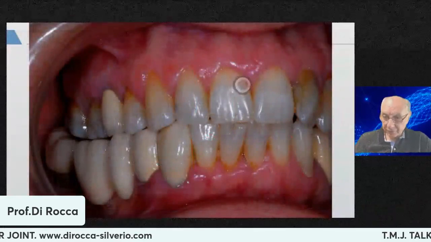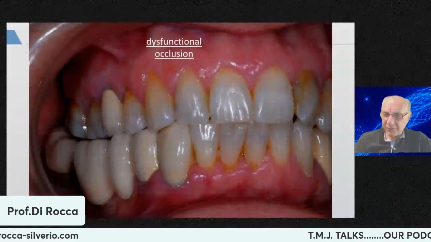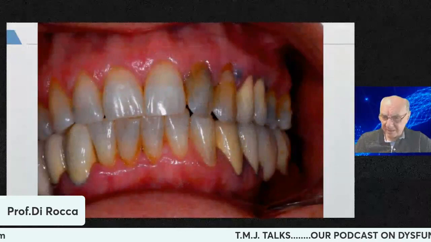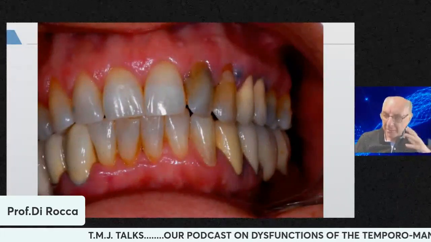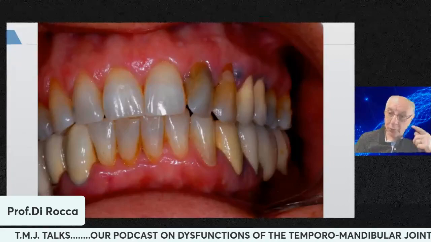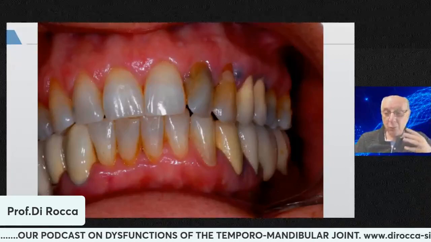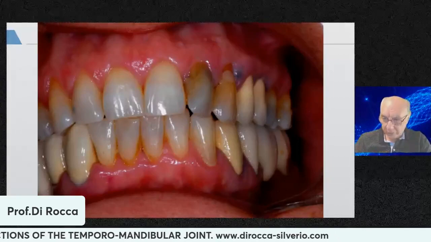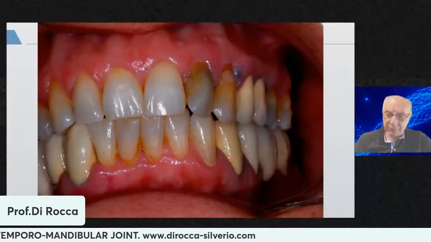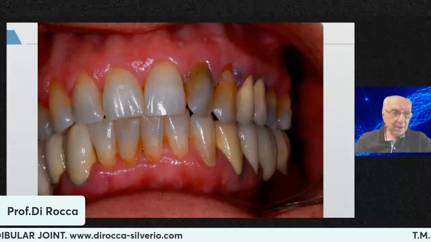And the occlusion, a very dysfunctional occlusion in that case, because obviously also there, a very bad functional occlusion is blocking worse the situation. That's very, very important to understand. We go ahead.